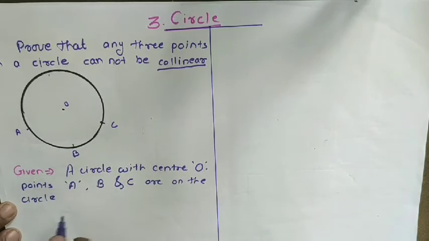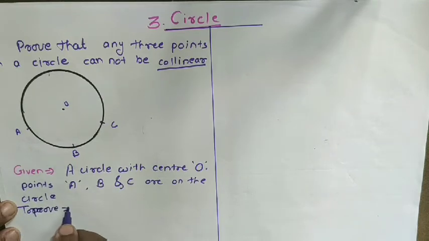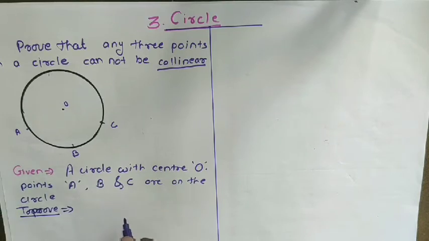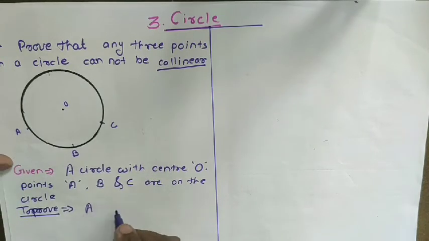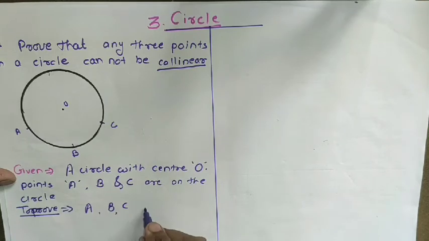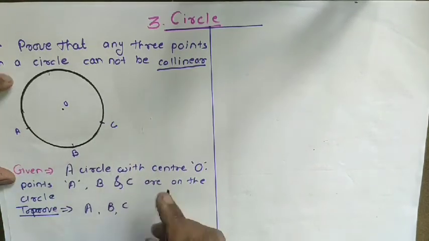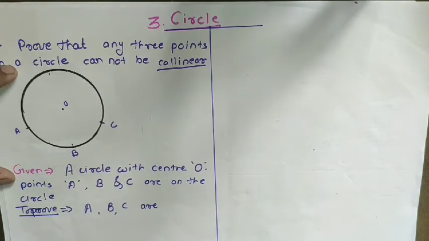Now what we have to prove is that A, B, C are non-collinear.